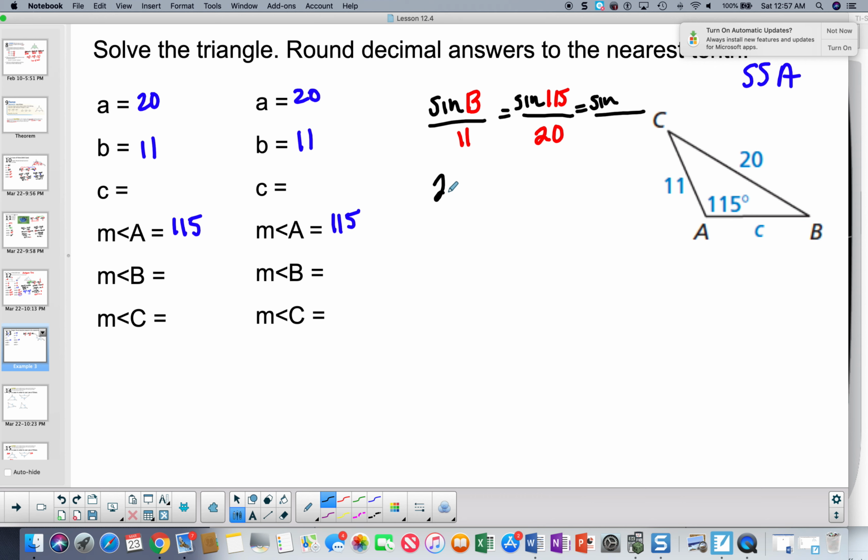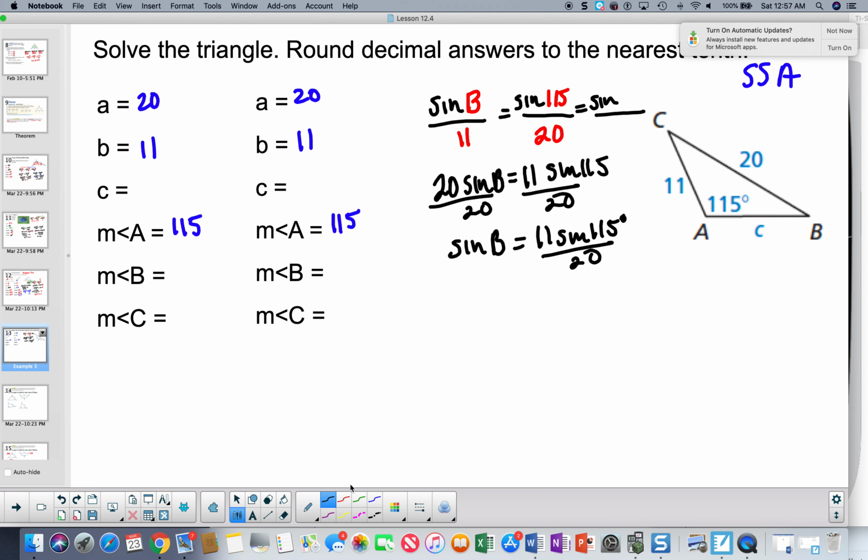So this is going to be 20 sine of B is equal to 11 sine of 115. All right, I'm going to divide both sides by 20. And I'm going to have sine of B is equal to 11 sine of 115 over 20.